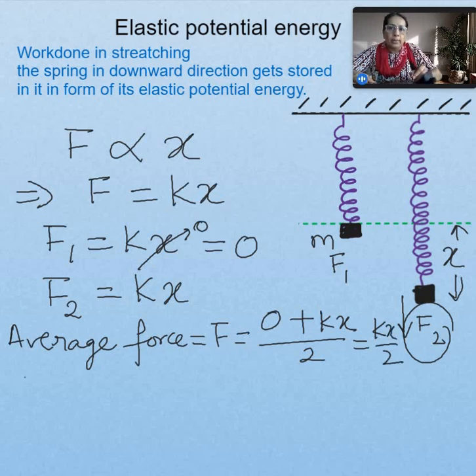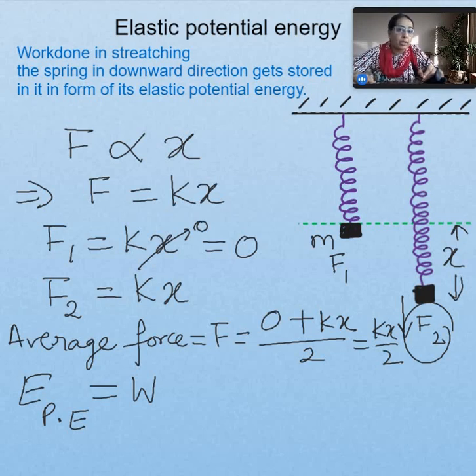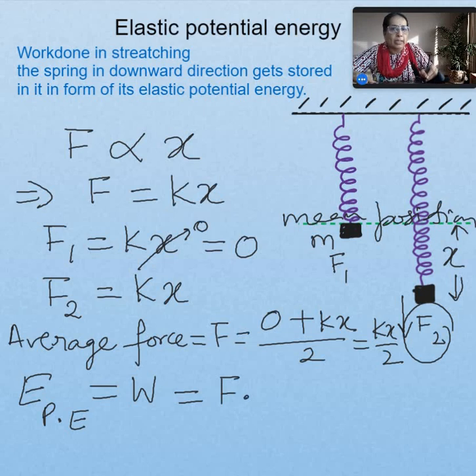Now, what about the elastic potential energy? Elastic potential energy is the amount of work done in stretching this body below the mean position. So work done is force into displacement. In this case, displacement is x, and force is the average force, that is kx by 2.